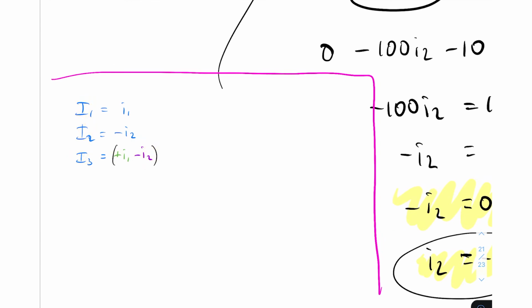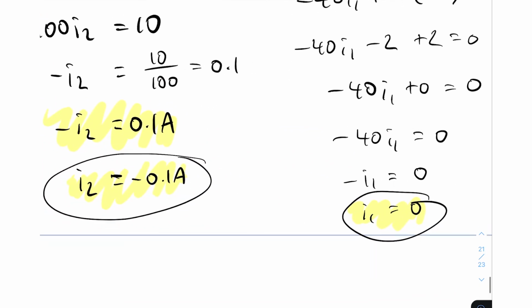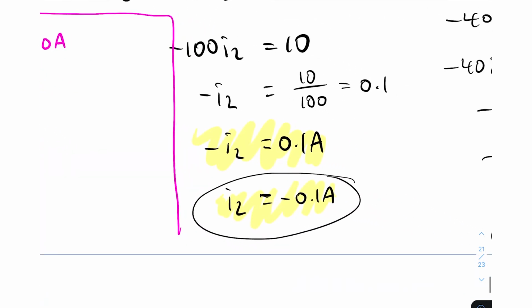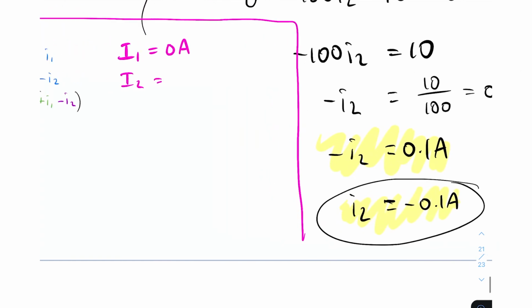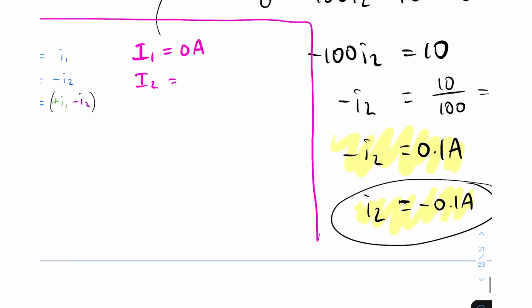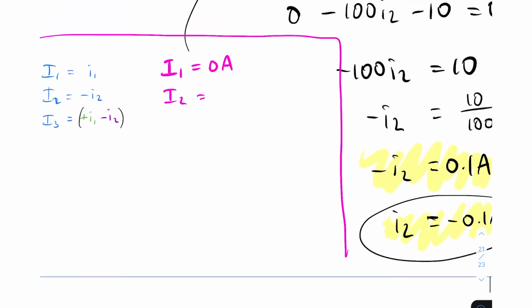So we can say I1 is equal to I1, and we've already said that the value of I1 is 0, so therefore I1 is equal to 0 amps. And then we can say I2 is equal to minus I2, which means that it's minus minus 0.1, which is plus 0.1. Minus times minus is plus. So I2 is 0.1 amps.